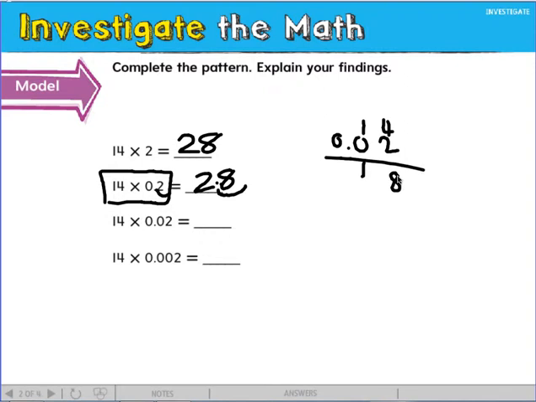So we put that on top. 2 times 4 is 8. Very good. 2 times 1 is 2. So we're done. That's 28, right? Now we need to know how many decimal places are there, Alex? There are 2 decimal places. 1, 2. So how many do we need in our answer? Show me where you put the decimal. So maybe put a 0 at the beginning there. All right, write your answer over here. Good job, Alex. Okay, Jackson.